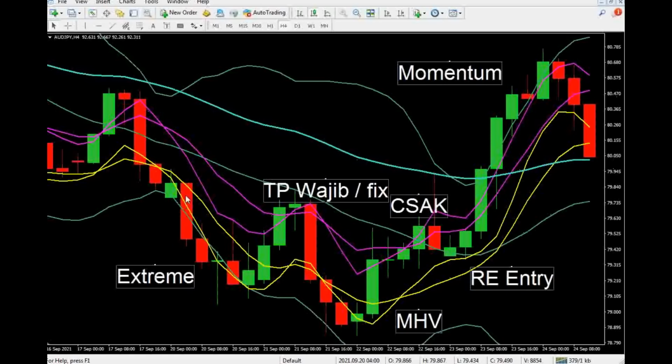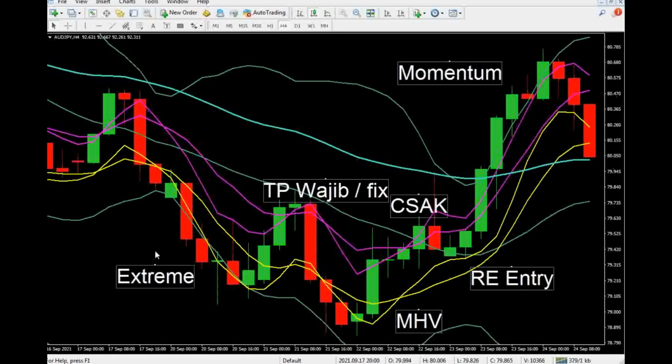So in this one, we can see it is clear. The candle is closing out of the lower Bollinger Band. This one also closes out of the lower Bollinger Band. So this is the first characteristic of the extreme.